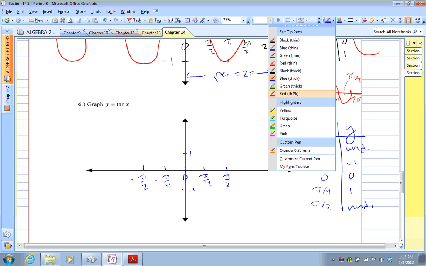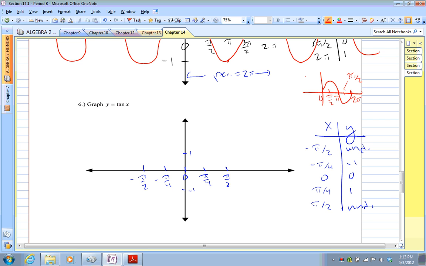Okay. How am I going to go about plotting undefined? What would I draw? Well, I can't plot points. Well, think about when something's going towards... Good, thank you.